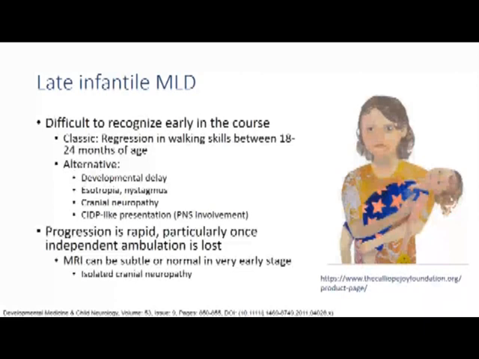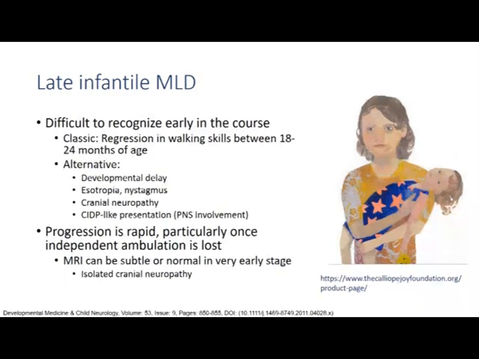Some children never even reach the ability to walk, who ultimately are diagnosed with MLD. It can present as an isolated esotropia or nystagmus, and these subtle isolated symptoms can persist for many months before the more classic symptoms of motor regression occur.